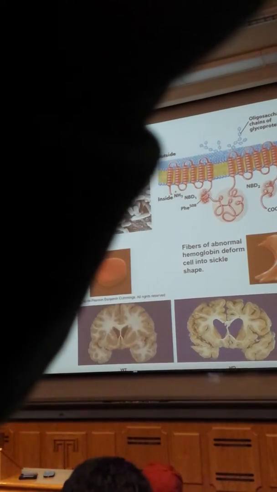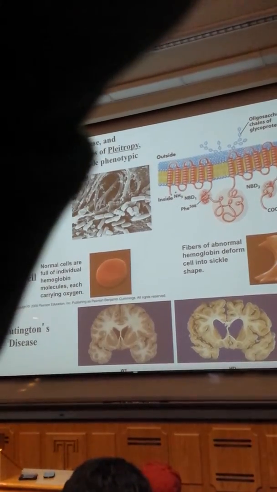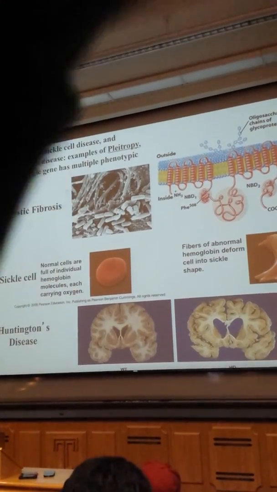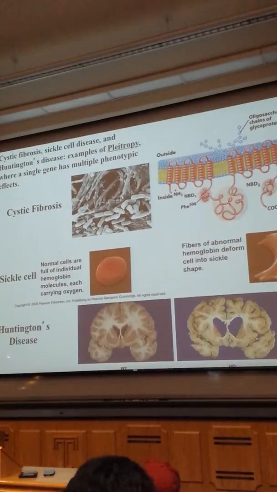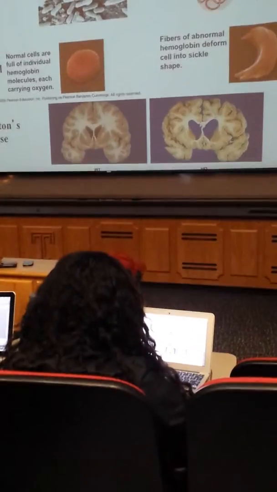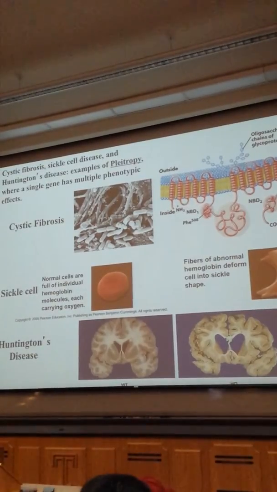So it's a dominant disease. It's a dominant disease because the product of the mutant allele will interfere with the product of the normal allele. I'm going to say that again. This is basic genetics. If you understand this, you can apply it to almost everything.